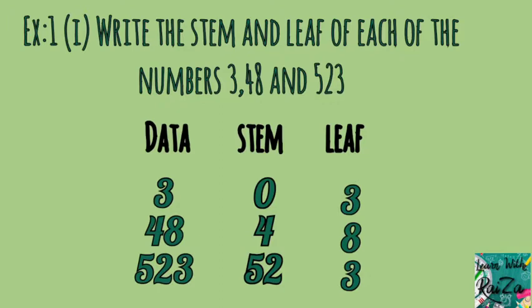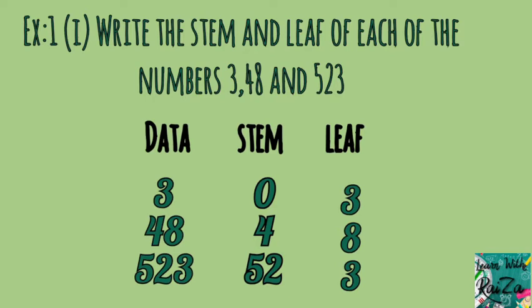Well students, now let's consider our first example. Write the stem and leaf of each of the numbers 3, 48 and 523. Now, when we consider number 3, it is a number between 0 to 99. So, the value in the units place of this datum is indicated as the leaf, and that is 3. And the value in the tens place, that is 0, is indicated as the stem. Likewise 48, similar method.